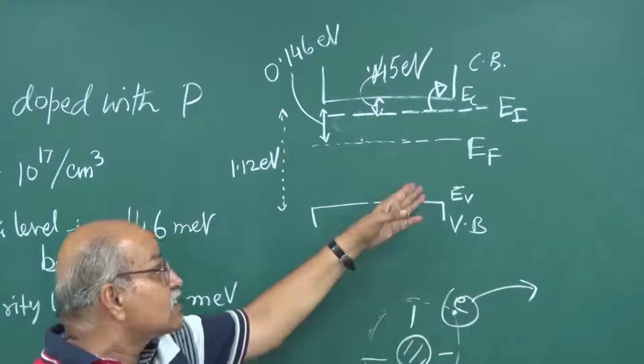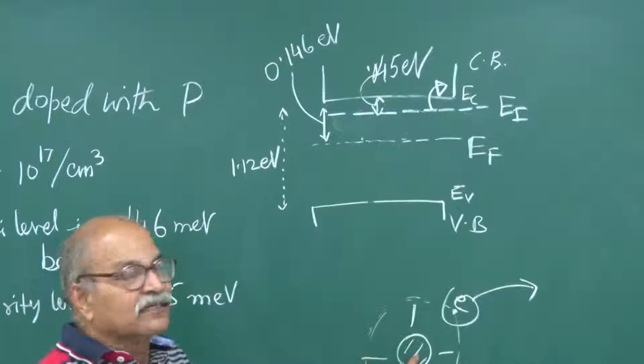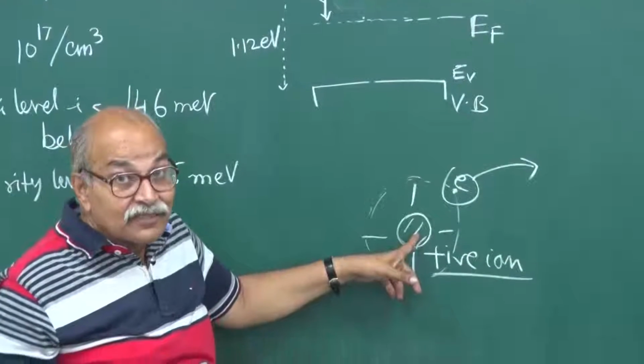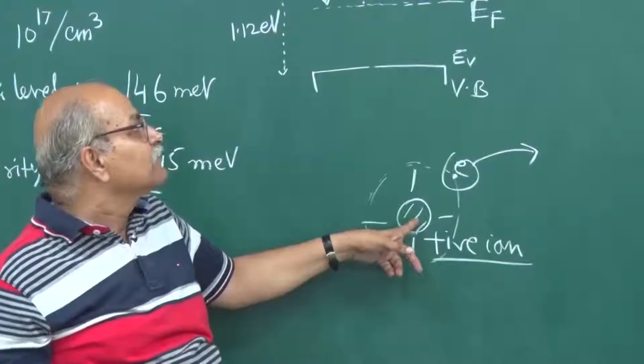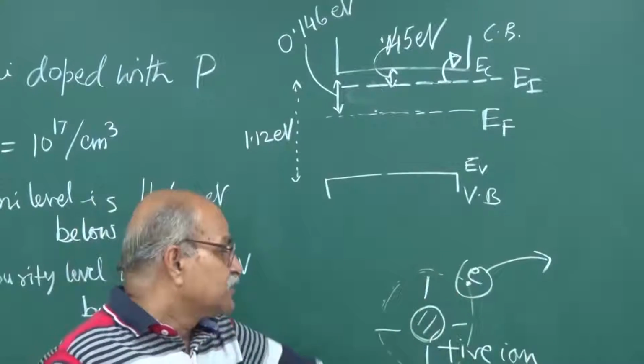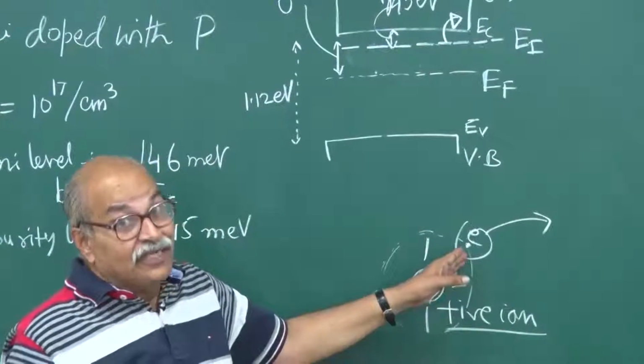And if it is still bound here, then you say that it is not ionized. So the question is, what percentage of the donor ions which are substituted in this lattice crystal are not ionized?